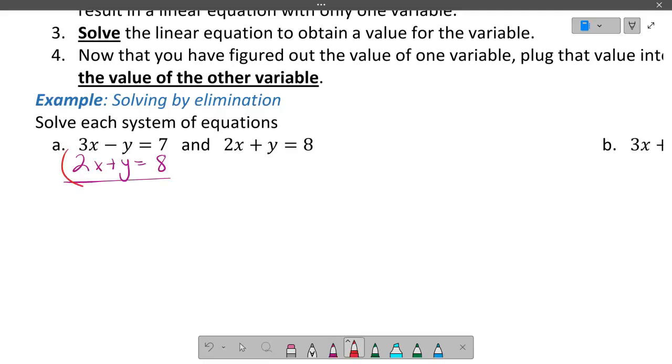If I go ahead and add these together, negative y plus y equals 0, that eliminates. So then I add my x's together, 5x. I add my constants together, x equals, see how clean that was? Okay, now what?